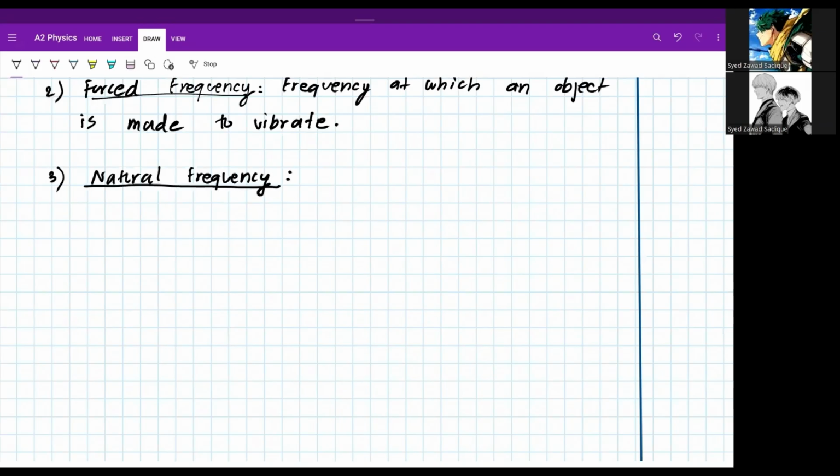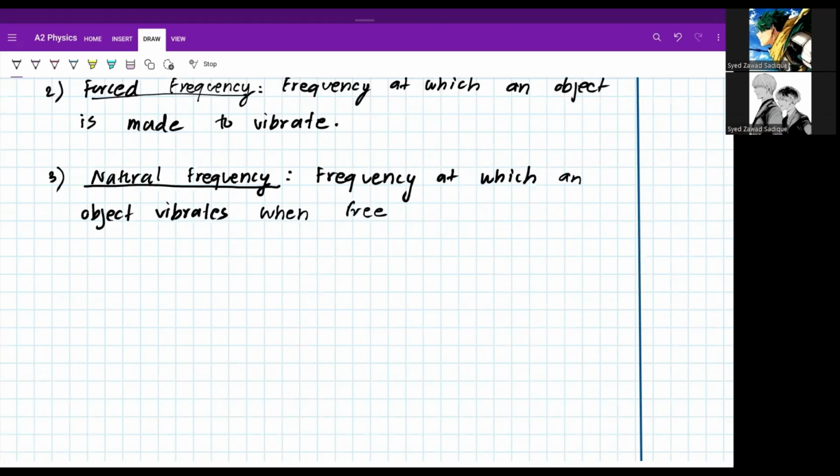Natural frequency is the frequency at which an object vibrates when free to do so.